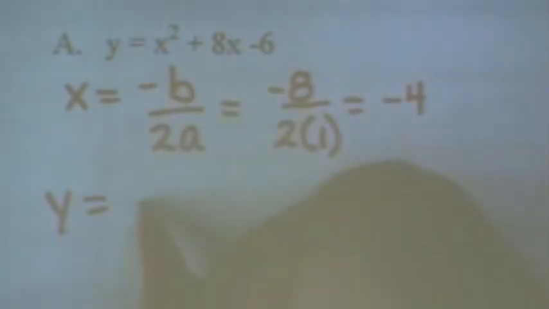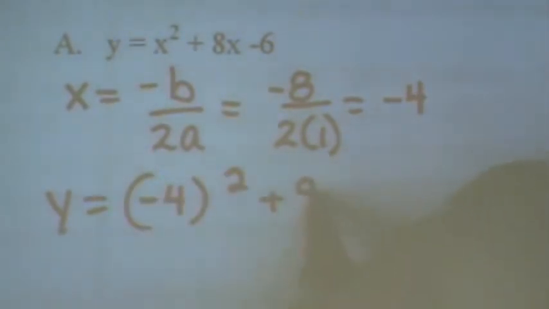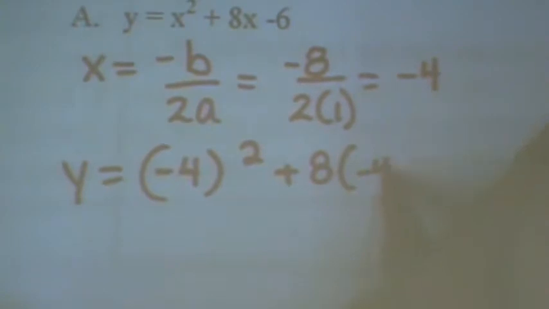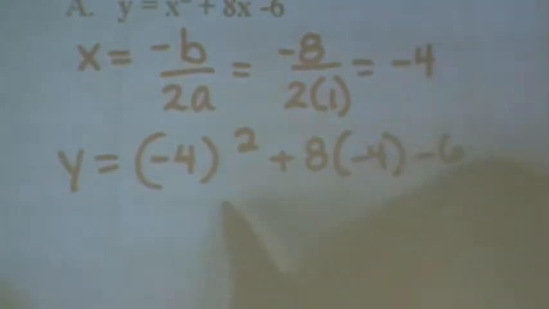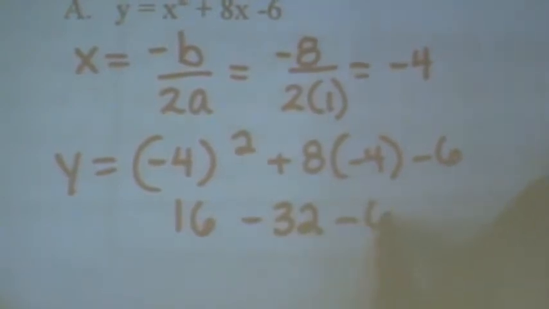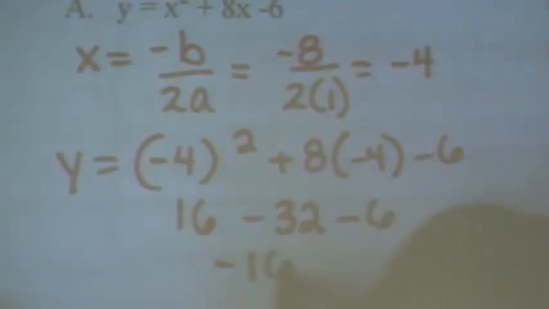Okay, so let's do that, everybody. -4 squared plus 8 times -4, and then minus 6. So you get 16 minus 32 minus 6. So it's -16 minus 6, which is -22. Did you get -22?